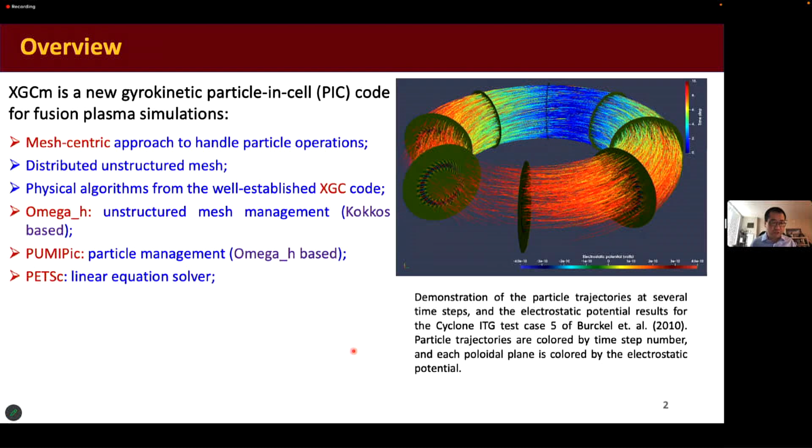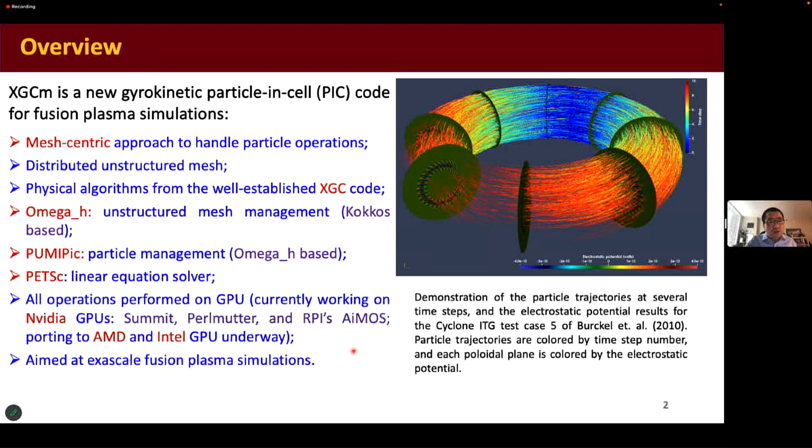You already saw Jin Chao's presentation yesterday on PETSc CPU and GPU solvers. For XGCm, all operations are currently performed on GPU, currently NVIDIA GPU. We are porting to AMD and Intel GPUs, which is on the way.